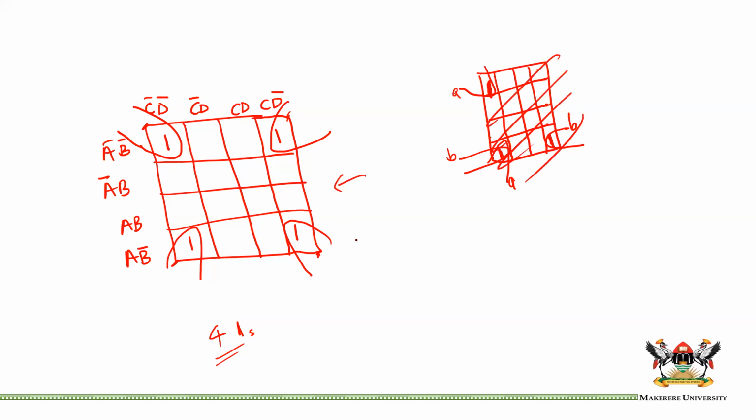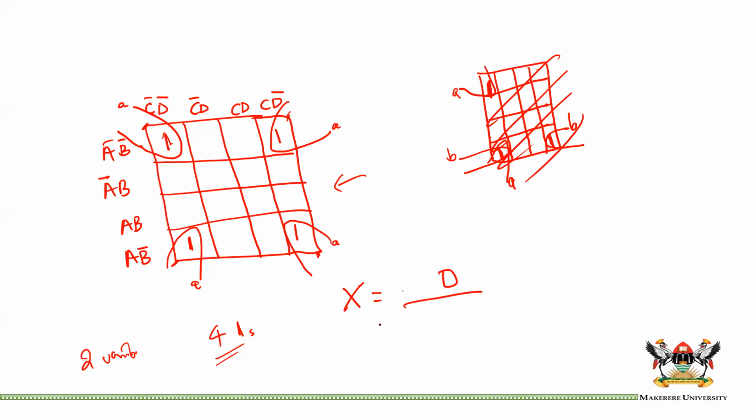Let us try to resolve this one. What would the expression be? We know that this is the same loop, A, because they are adjacent to each other. Because we have 4 ones looped together, we are going to eliminate 2 variables out of these 4. Let us first start with the upper side. These 2 ones are luckily in the same vertical plane. The variable changes from C inverse D inverse to C D inverse, meaning C has changed from C inverse to C, D has stayed.